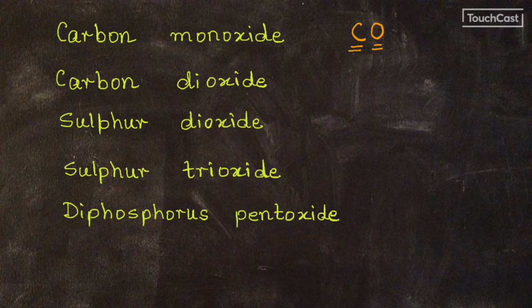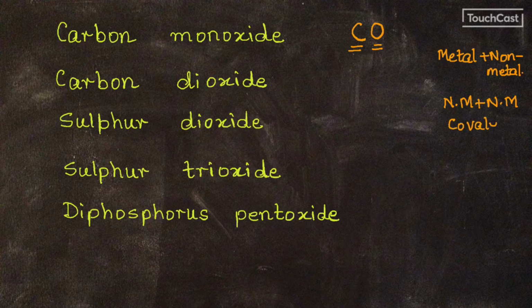As I explained earlier, the crisscross method is most of the time applicable when you have a metal combining with a non-metal, okay? Whereas the compounds that we are talking about here are all gaseous and these are non-metal combined with a non-metal. So the type of bonding that has gone on into them is what we call covalent bonding.